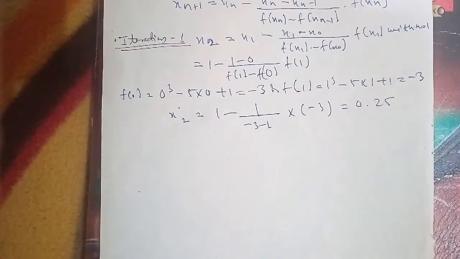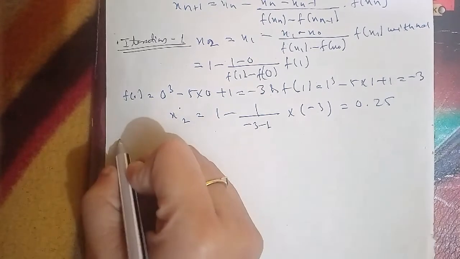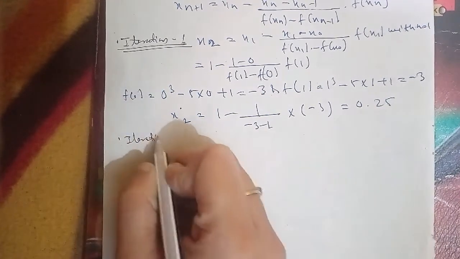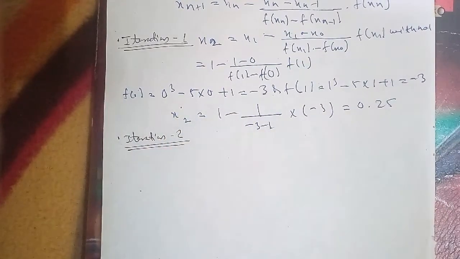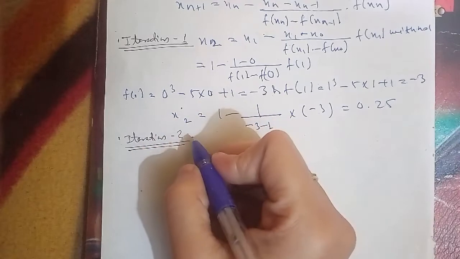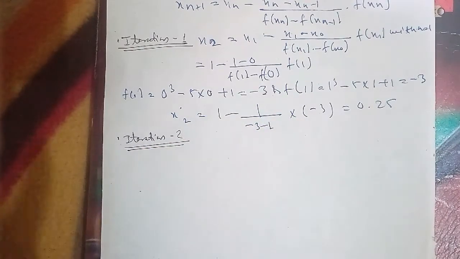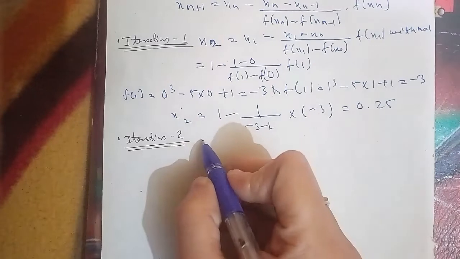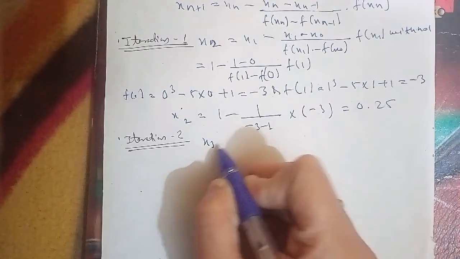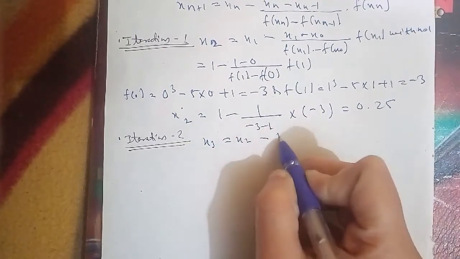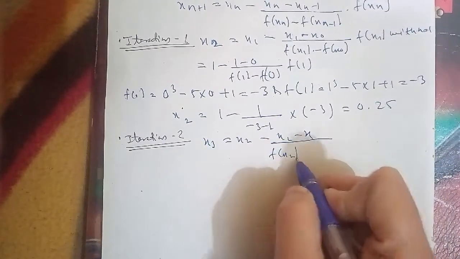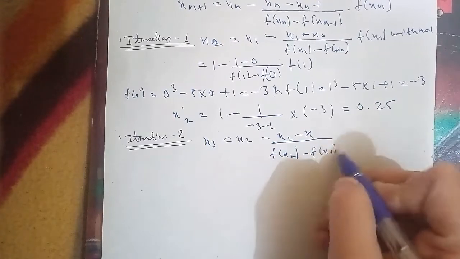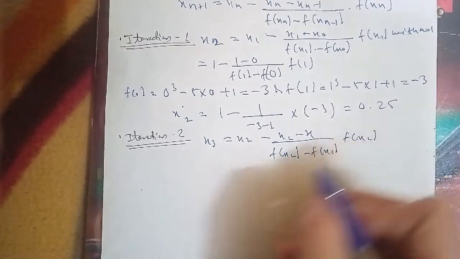Now we find out for iteration 2 as well. So here we go ahead. We had found out for iteration 1. It is x3 equals x2 minus [x2 minus x1] upon [f(x2) minus f(x1)] times f(x2).